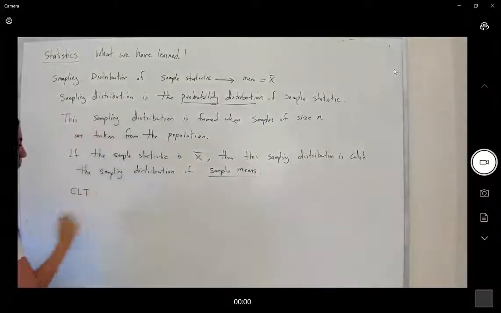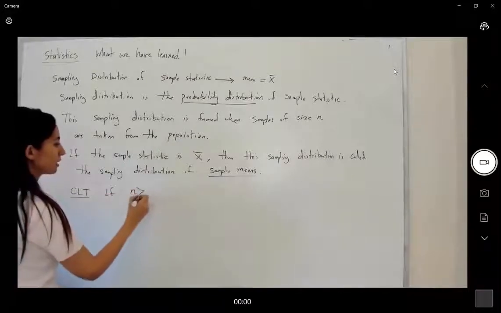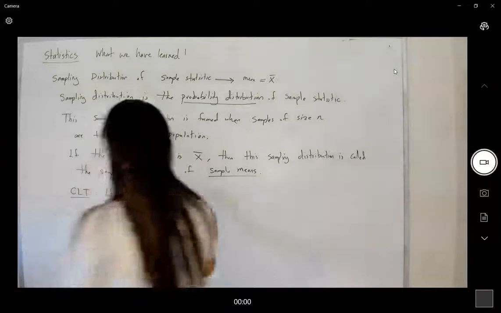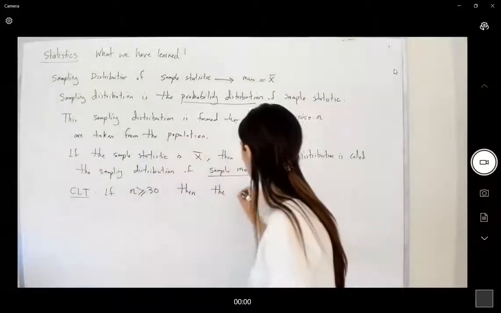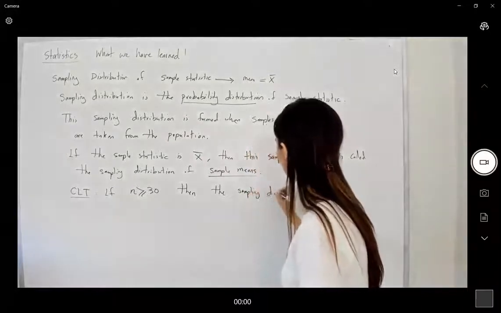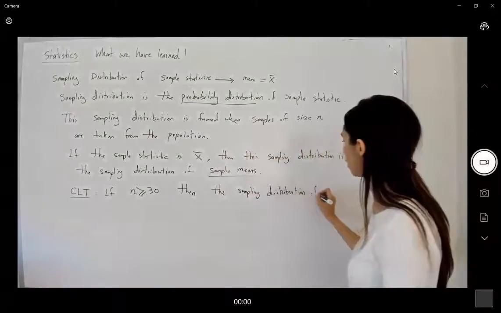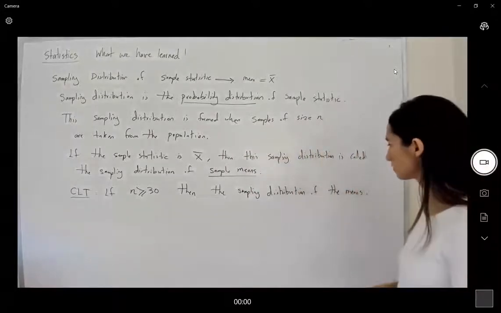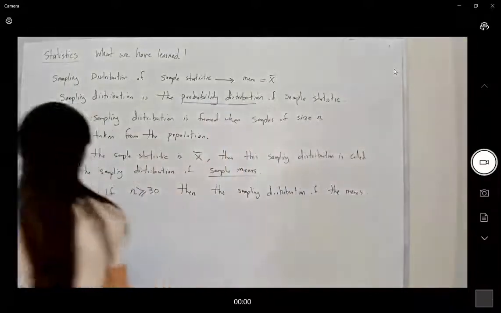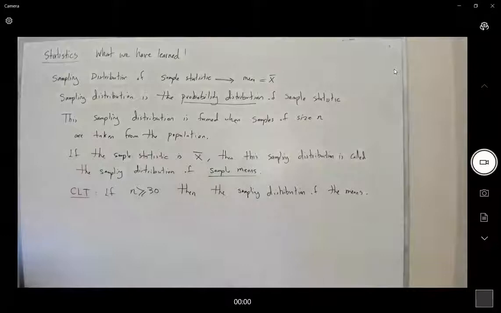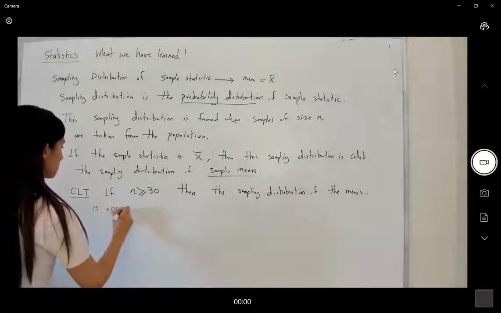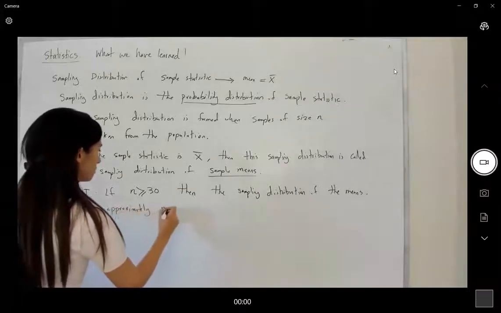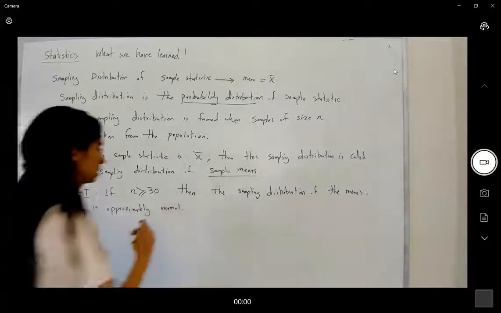The central limit theorem says if n is greater than or equal to 30, then the sampling distribution of the sample means is approximately normal and it has the following properties.